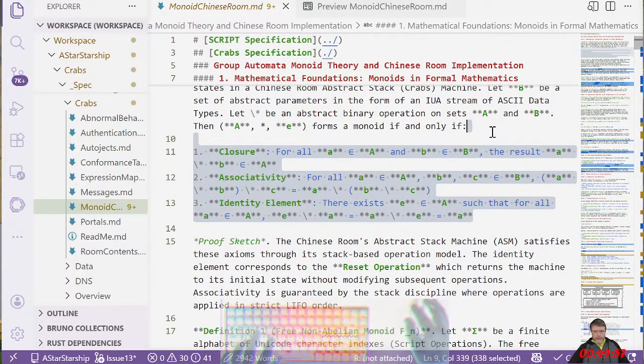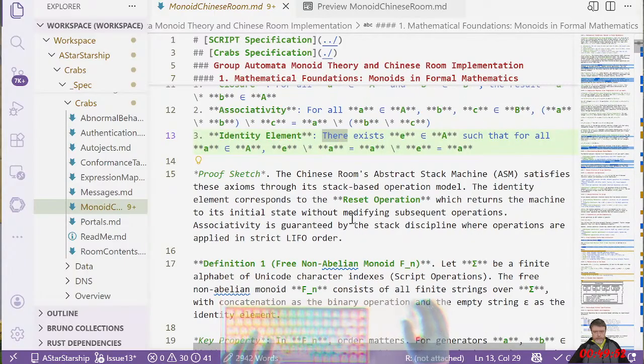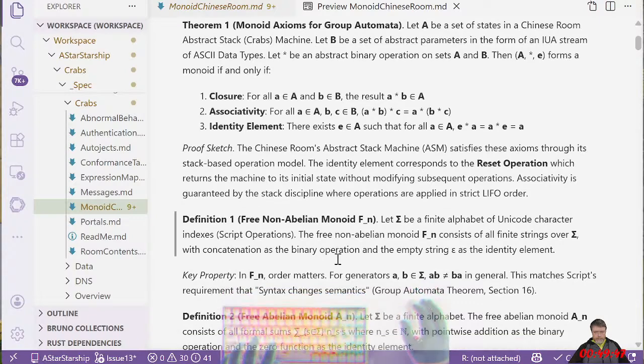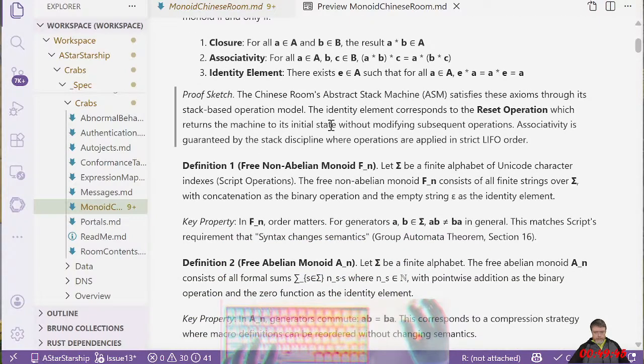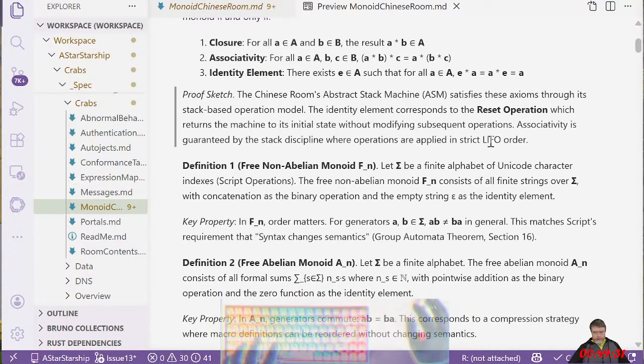Okay. So first in or last in, first out. So closure. What does this mean?